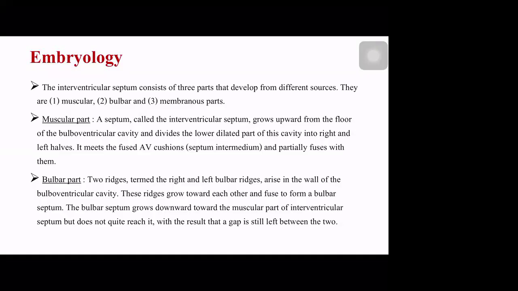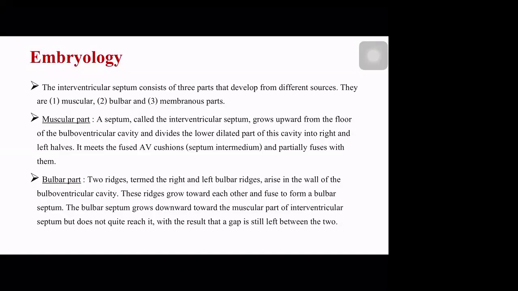Although they develop from three different regions, ultimately they coalesce and form a single septum between the two ventricles. When they are fusing with each other, there could be a defect in between, and that ultimately leads to ventricular septal defect.